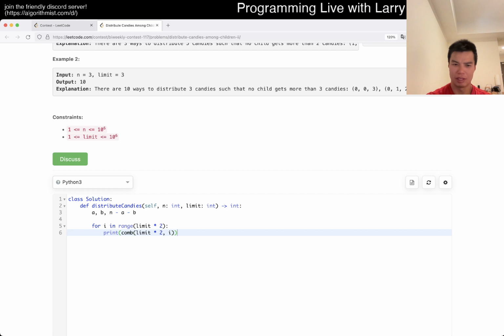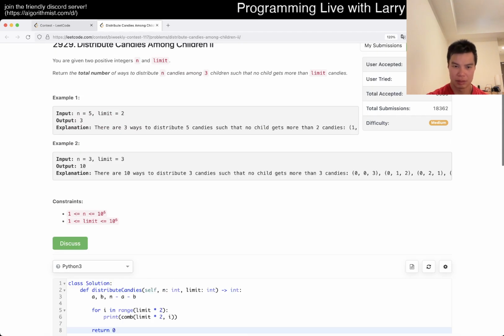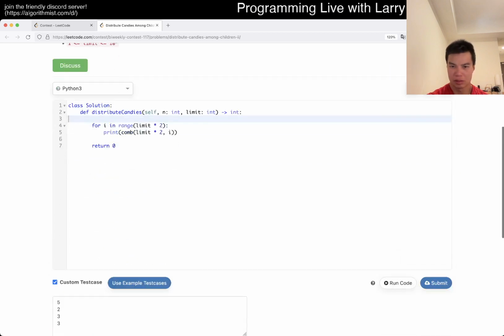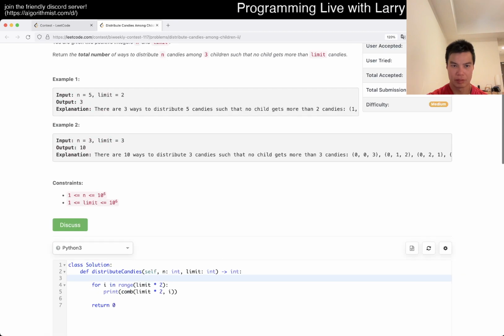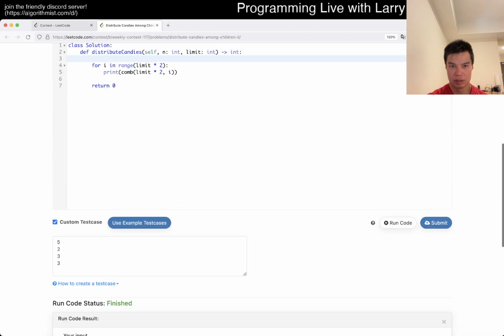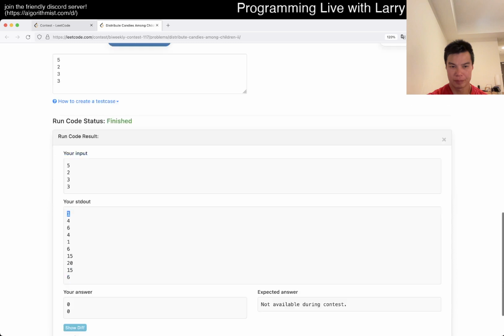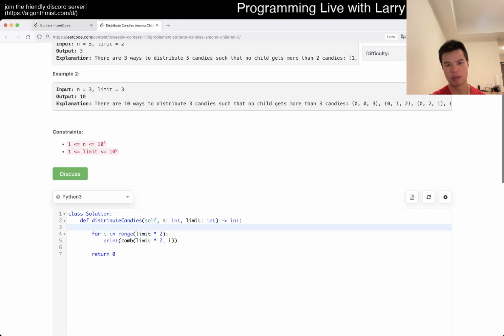Man, my math today is a little bit messy. Oh, whoops. Okay, so for 2 things, 0, 0. 0, 1 and 1, 0 should be 2. And then, so this is off.